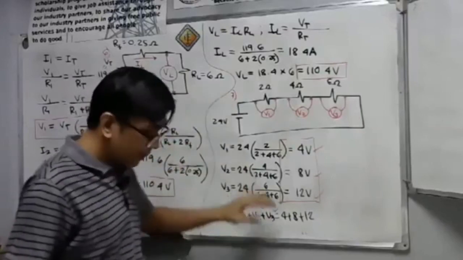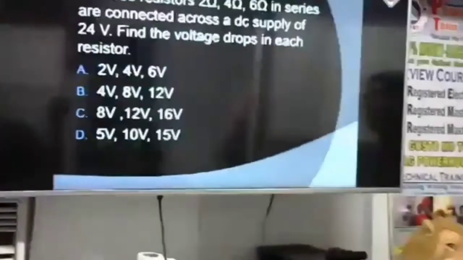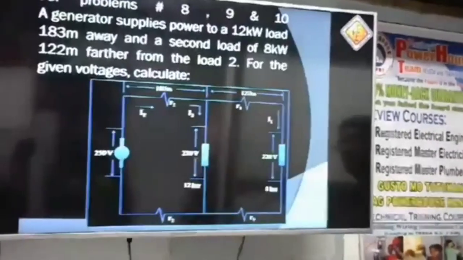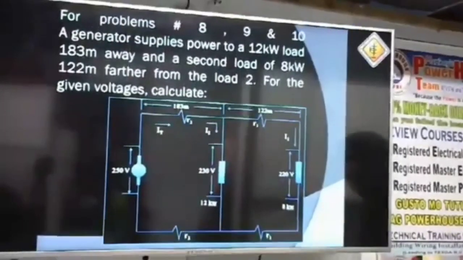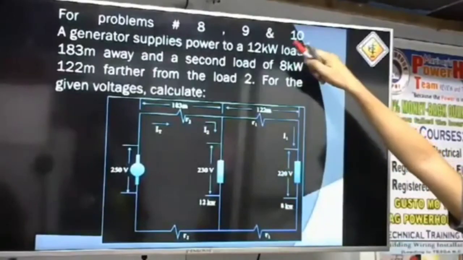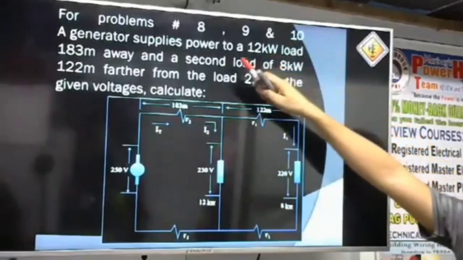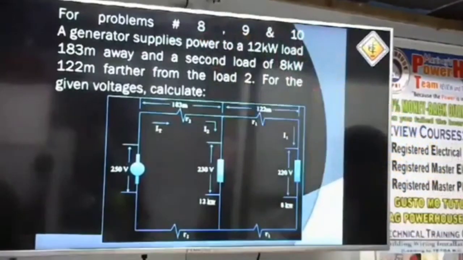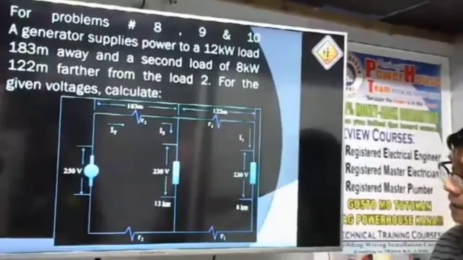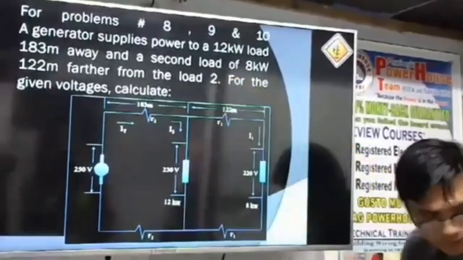So let us go over problem number 8. We have a bundled question. I call this a bundled question. We have one problem, but that is for numbers 8, 9, and 10. Please take a look here at our given.